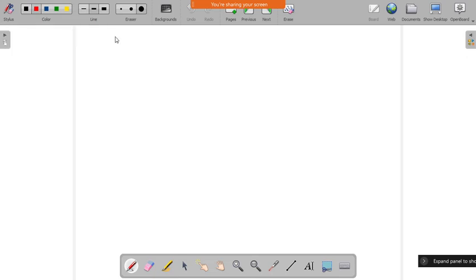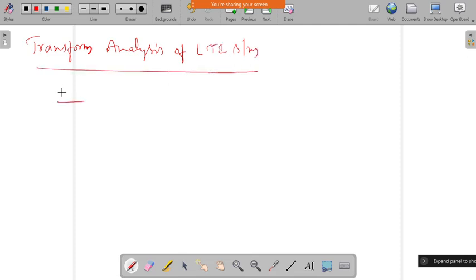So now the transform analysis of the LTI system. If I have the input signal x(n), and we have the impulse response and then we have the output.